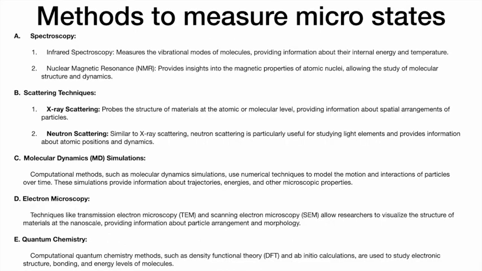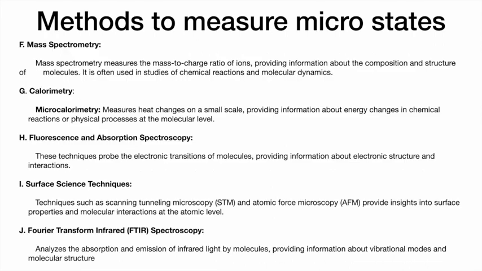And next, we are seeing methods to measure microstates. For example, some people will say it is micro, so how can we measure? If some people have the doubt, these are some of the techniques used to measure microstates: spectroscopy, scattering techniques, molecular dynamics simulations, electron microscopy, quantum chemistry, mass spectrometry, calorimetry, fluorescence and absorption spectrometry, surface science techniques, Fourier transform infrared spectroscopy.